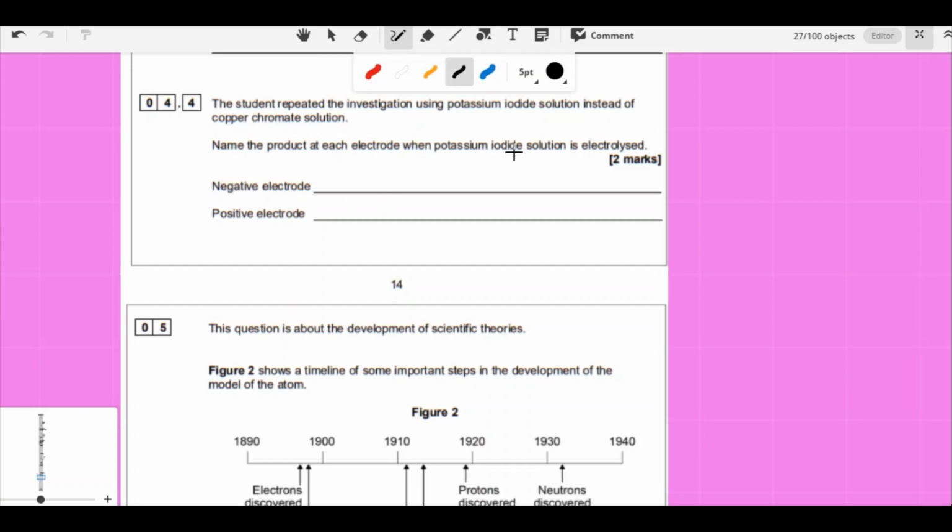Here the iodide is present, so at the positive electrode there will be iodine, while at the negative electrode, from the solution, it will be hydrogen.